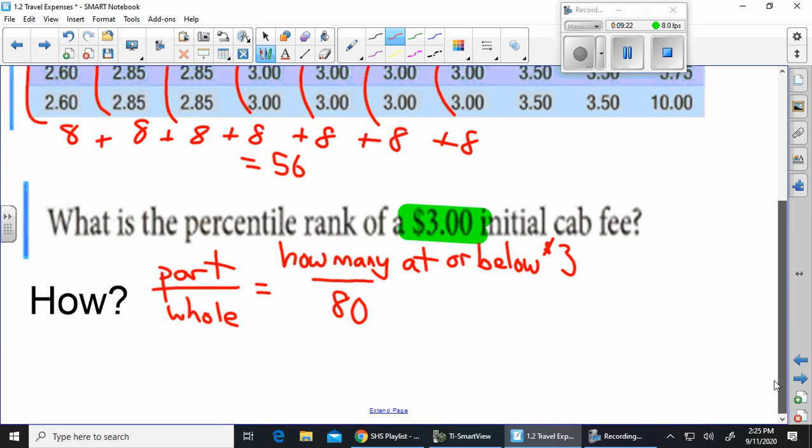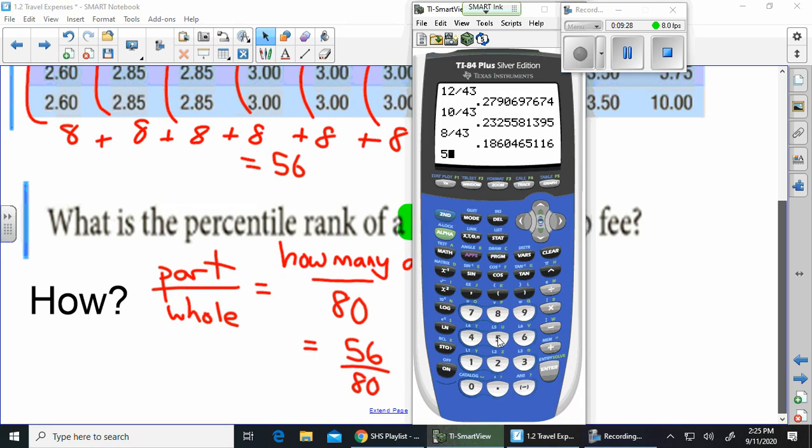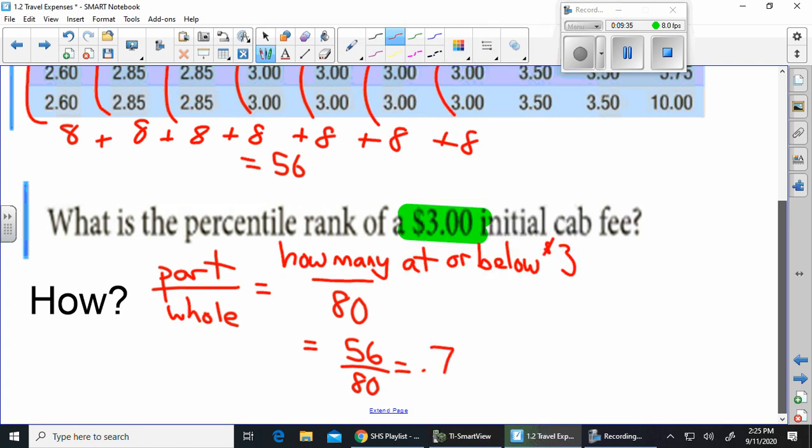So I take 56 divided by 80. When I take 56 divided by 80, I get 0.7. How do I make that a percent? Times 100.